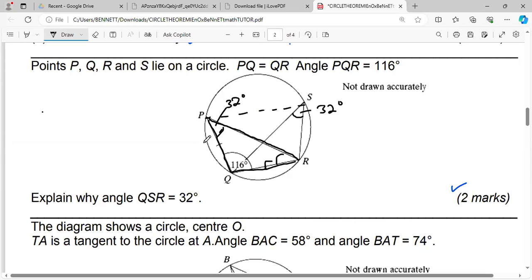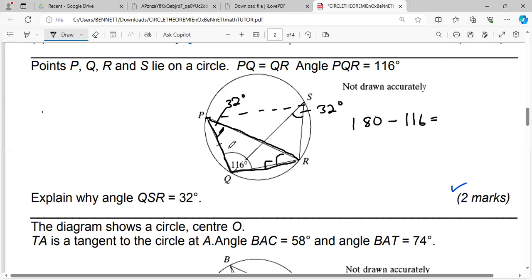I think we can do it by looking at this, right? So this triangle that I marked out measures 180, because angles in a triangle add up to 180. And of course, we know that this angle is 116. So we just subtract 116 from it. Whatever we get must be shared equally between these two angles because it's an isosceles.